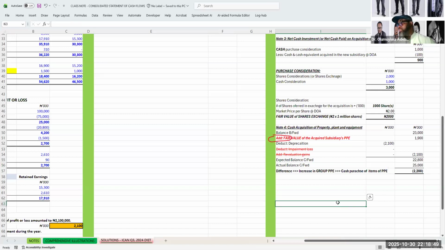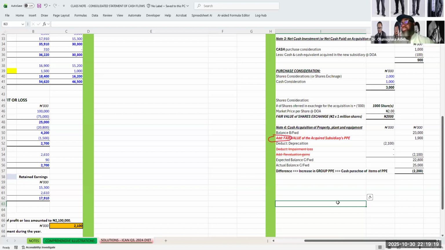Yes, your emphasis on depreciation is the same thing, because your depreciation will reduce the amount of your PPE to what is supposed to be at the end of the year. And when you now compare it with what you have at the end of the year, and that is higher, it means something has happened. And what is likely to have happened is acquisition or purchase of additional PPE if you have not committed error.